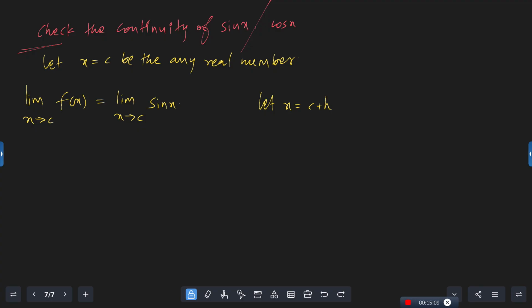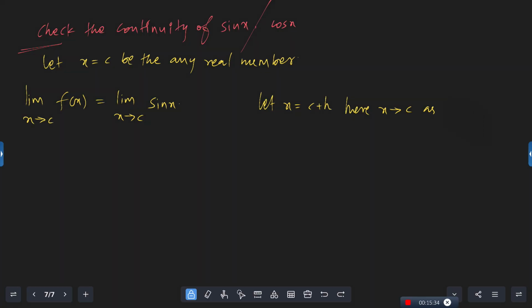Listen carefully. This is what I assumed. We know x tends to c. If we apply that here, what will happen? Yes, very good.